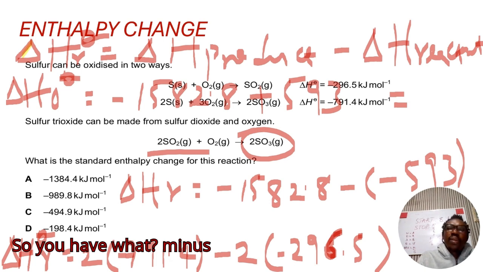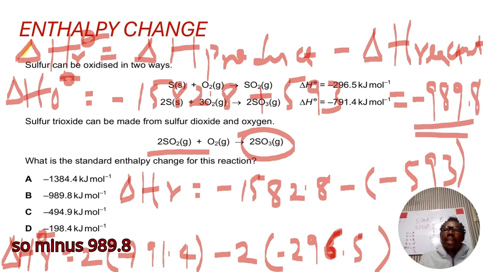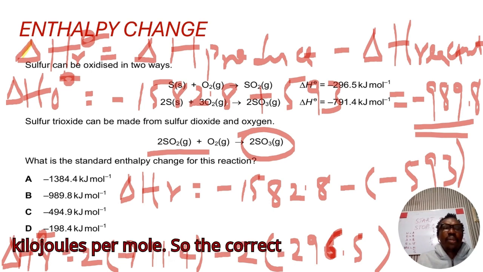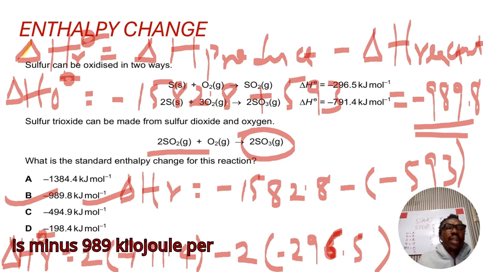So you have what? Minus 989.8 kilojoule per mole. So the correct answer to this question is what? B, which is minus 989.8 kilojoule per mole.